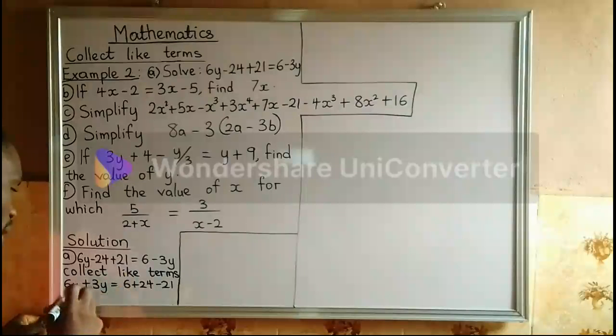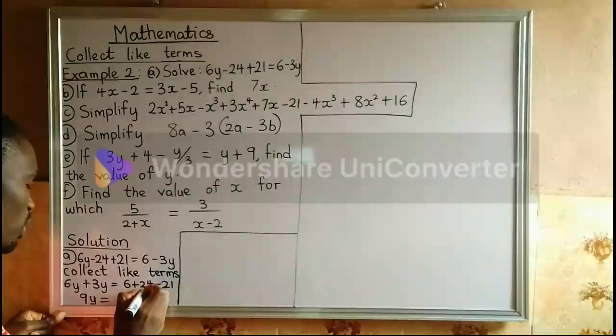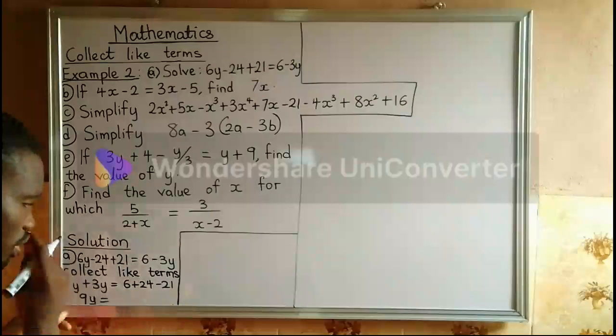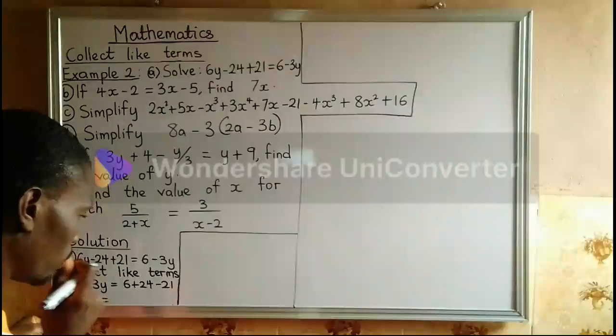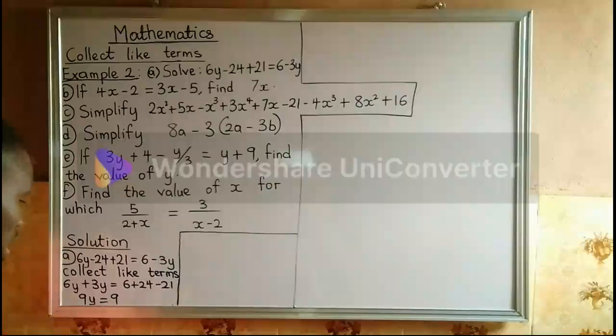So 6y plus 3y is 9y equals, so 6 plus 24, that's 30. 30 minus 21, that's 9. Yeah, that's 9.